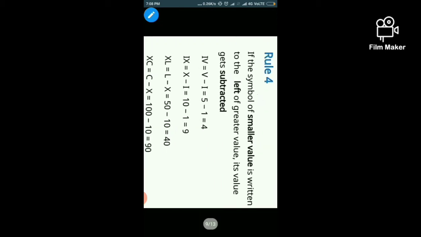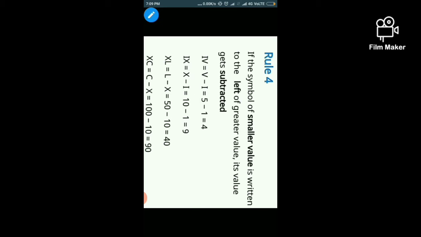Rule 4: if a symbol of smaller value is written to the left of a greater value, its value gets subtracted. If the smaller value symbol is written to the left hand side of a greater value symbol, then the smaller value symbol will be subtracted. So here you see IV, I is the smaller value symbol, V the greater value, so the symbol I is subtracted here.